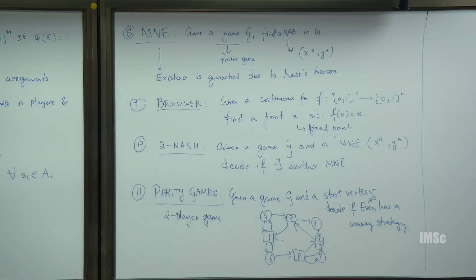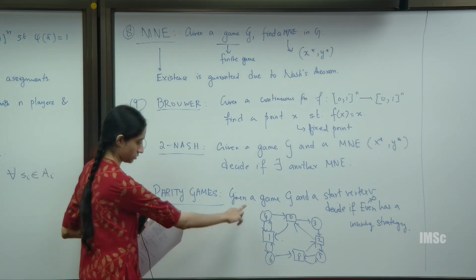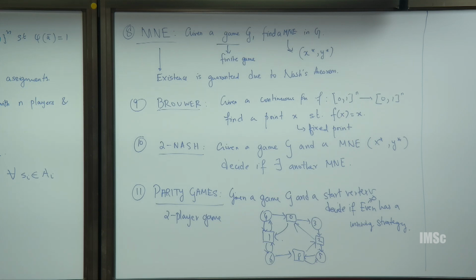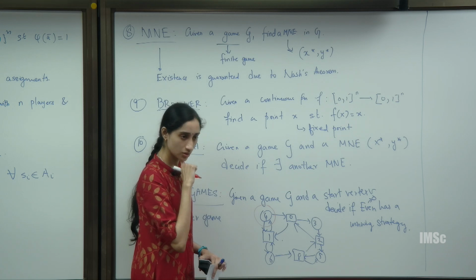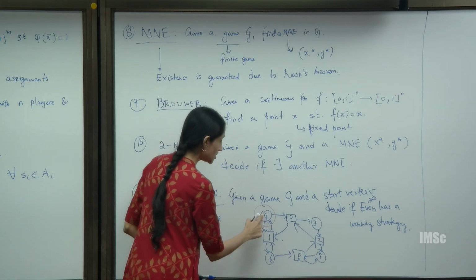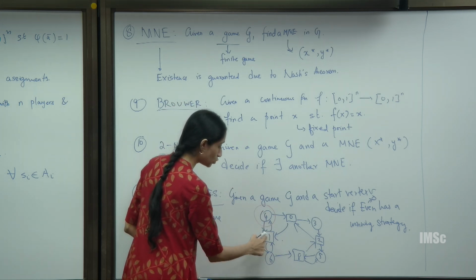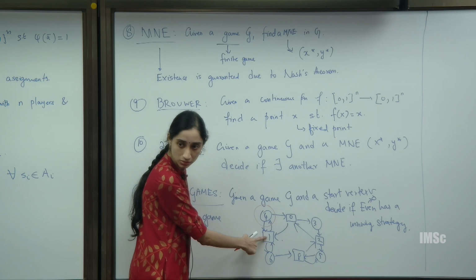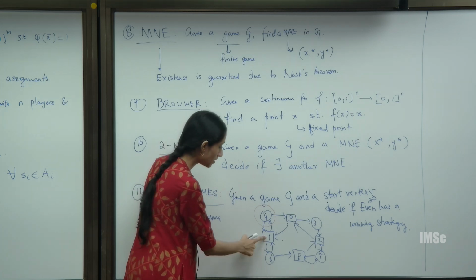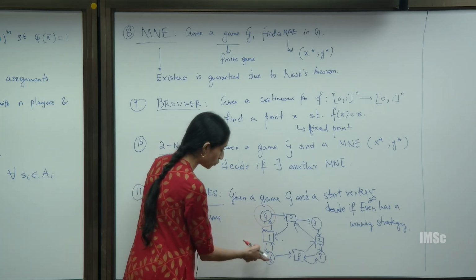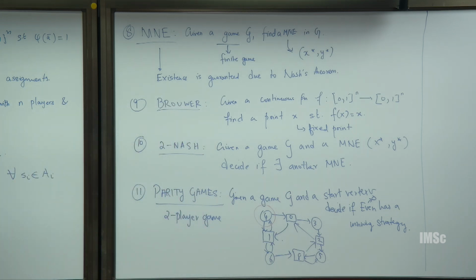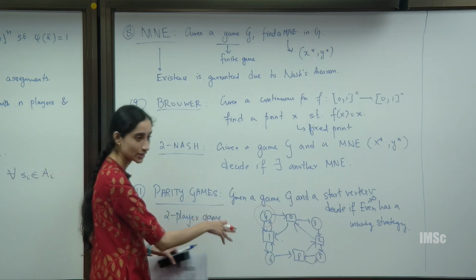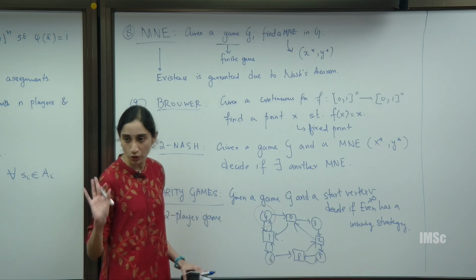If I start from 4, let us say 4 is the start vertex, the token is placed here, he has to move, he will make a move to 1. Now from here, the odd player can either move to 4 or to 6. In any case, 4 will win. In this infinite sequence, 4 or 6 will appear infinitely often. So the largest number appearing will belong to even.